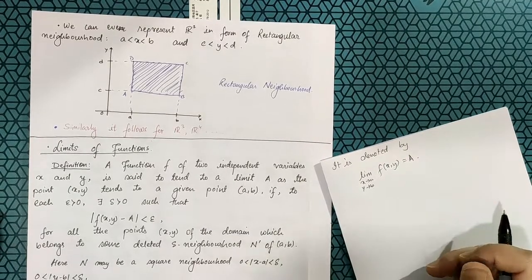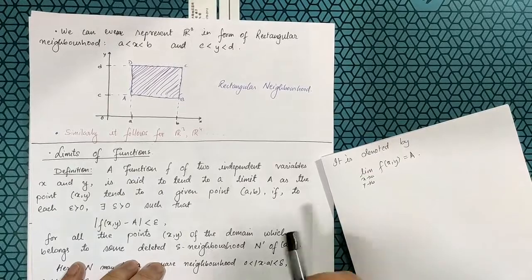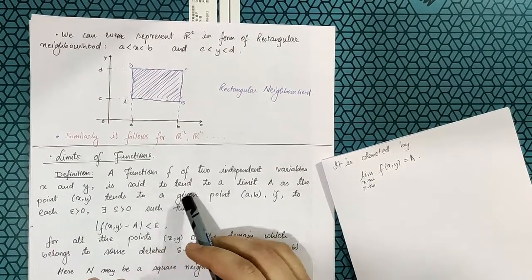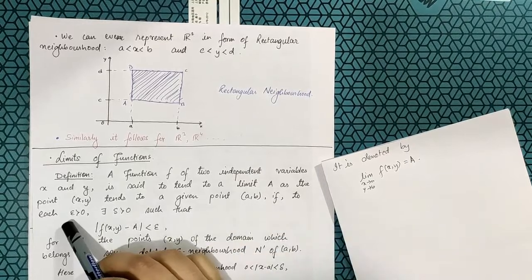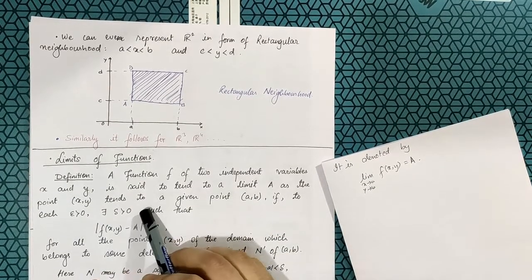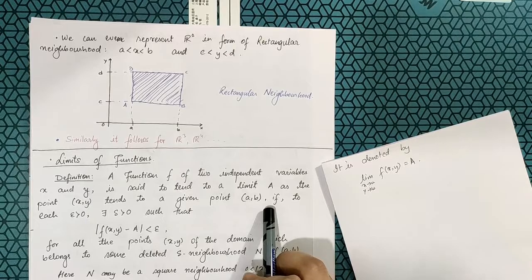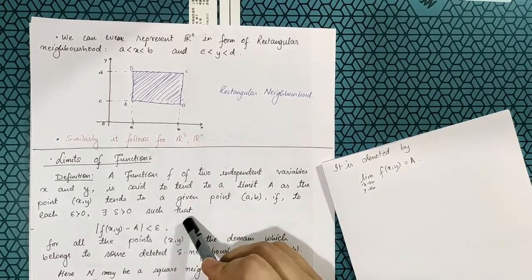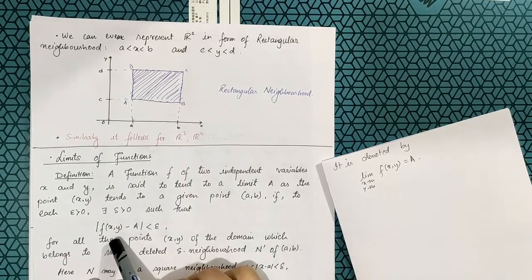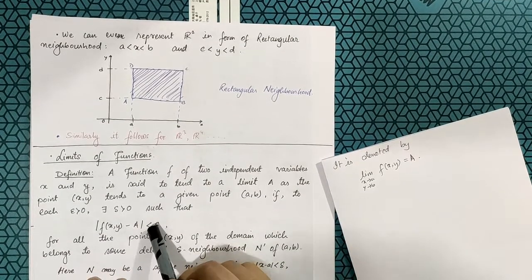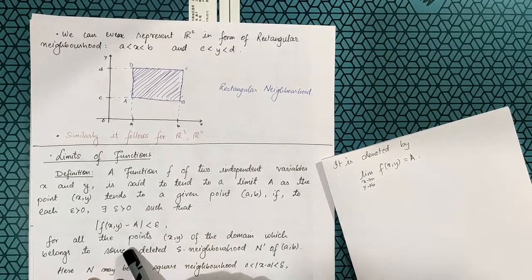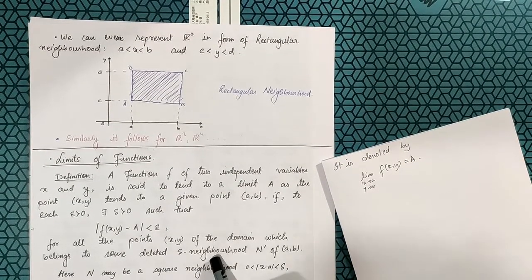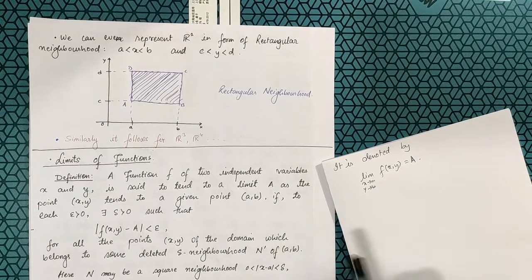Okay, now we start with limits. A function f of two independent variables x and y is said to tend to a limit A as the point (x, y) tends to a given point (a, b) if to each epsilon greater than 0 there exists a delta greater than 0 such that modulus of f(x, y) minus A is less than epsilon for all the points (x, y) of the domain which belong to the same deleted delta neighborhood N dash of (a, b).